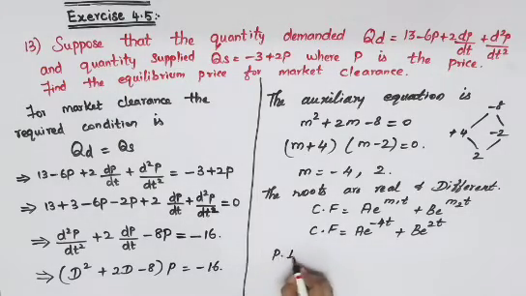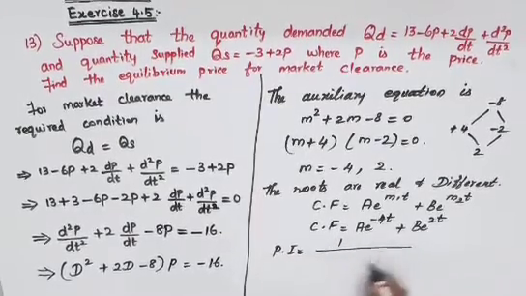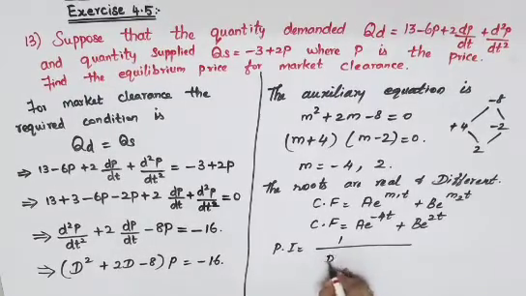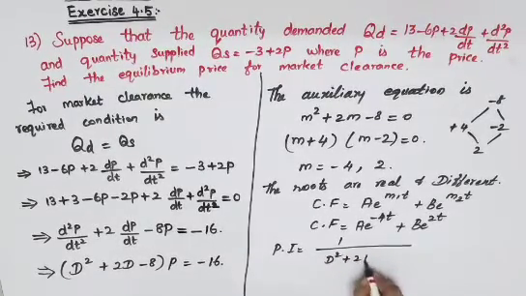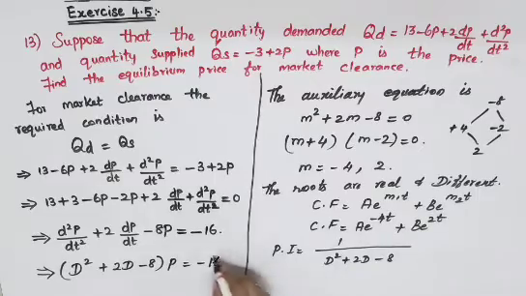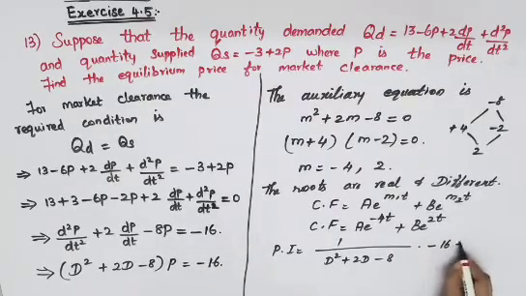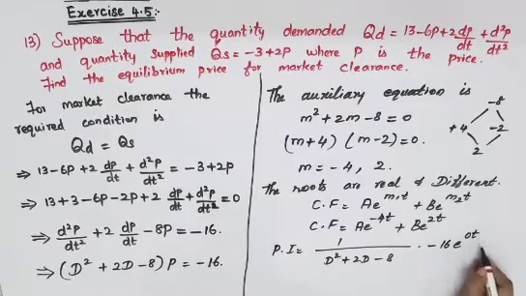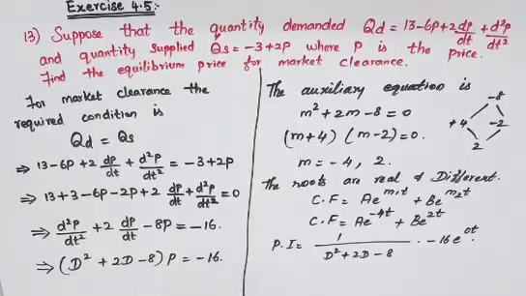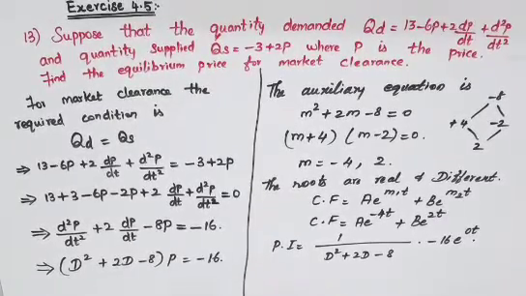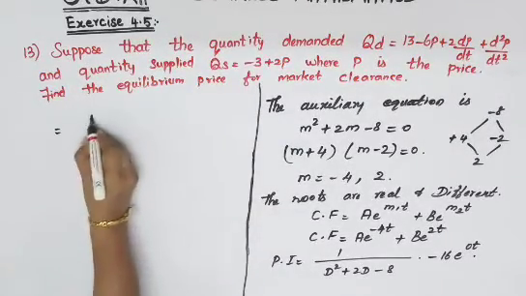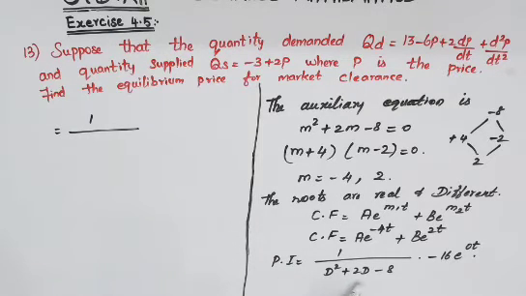Now PI is equal to 1 divided by this value. Okay, so d square plus 2d minus 8, and we have got minus 16, so I'll just write minus 16 e power 0t, because nothing is there in the power of e, so we'll just introduce e power 0t, equal to 1 divided by, wherever d is there just put 0.